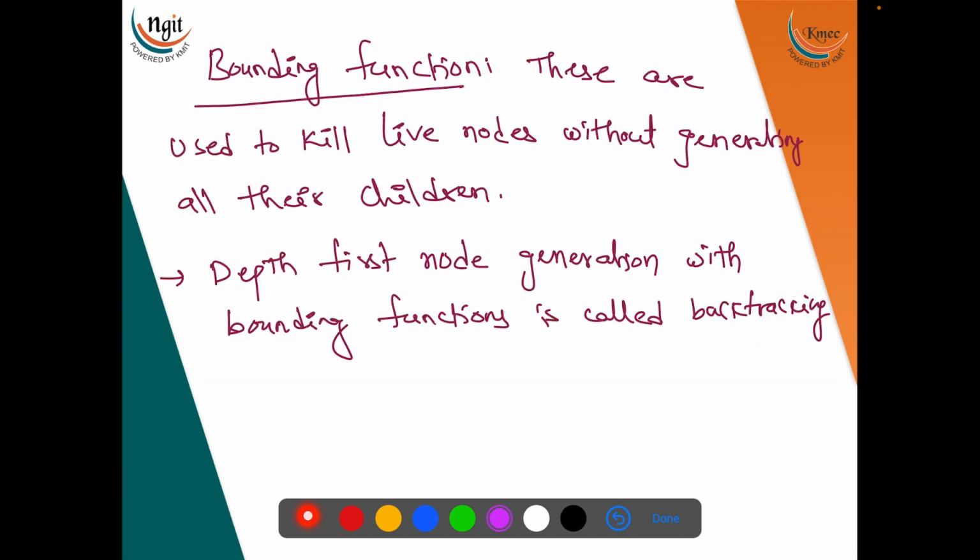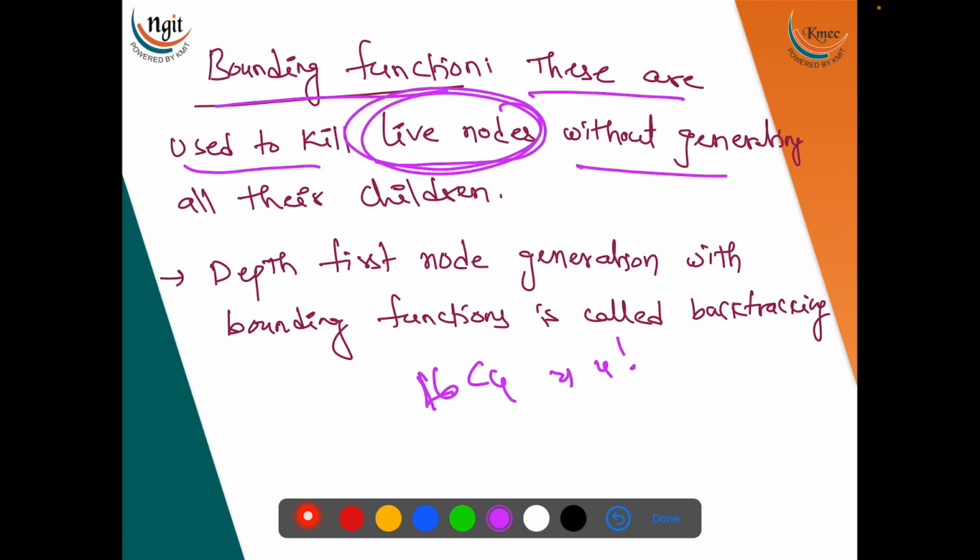Before we go to recursive and iterative, let's find the definition of the bounding function. What exactly is the bounding function, and how can I reduce the complexity from 16C4 to 4 factorial? That is what we do using the bounding function. Bounding functions are used to kill live nodes without generating all their children. That's what we were discussing, right?